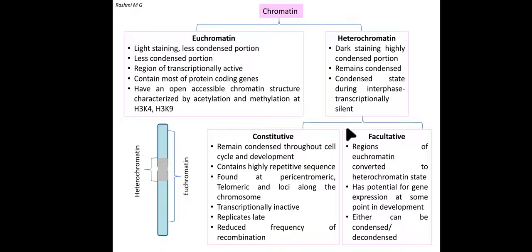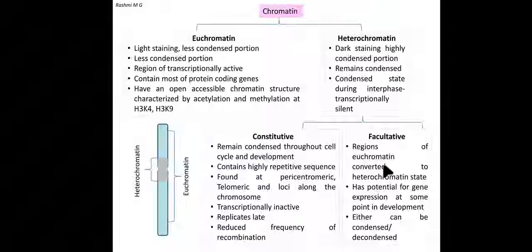So heterochromatin is of two types, constitutive and facultative. Constitutive remains always condensed. In the sense they are darkly stained, highly condensed, and they are transcriptionally inactive. Dark means inactive, light means active. So they replicate late, and they have a reduced frequency of recombination. Exact opposite to constitutive is facultative.